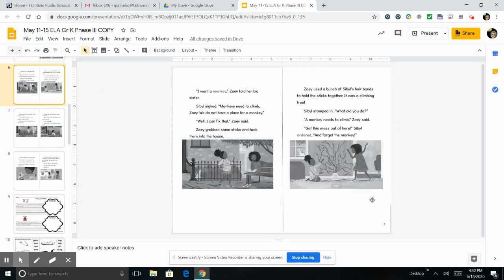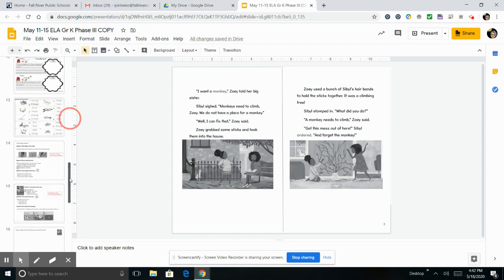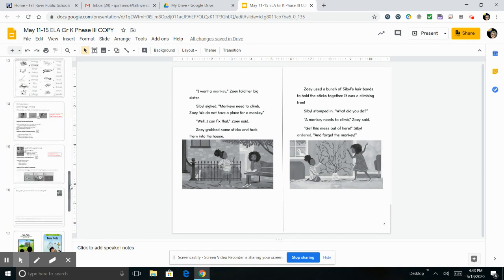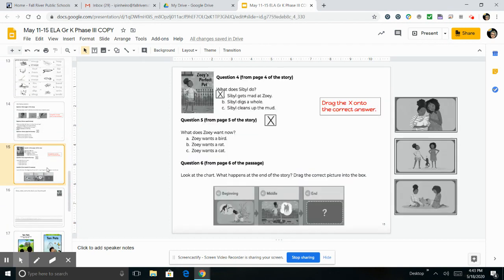Here's page 6. So this is page 5. And it says, Zoe grabbed some sticks and took them into the house. This is when she still wanted a monkey. So then let's go back down to those questions. It says, what does Zoe want now?